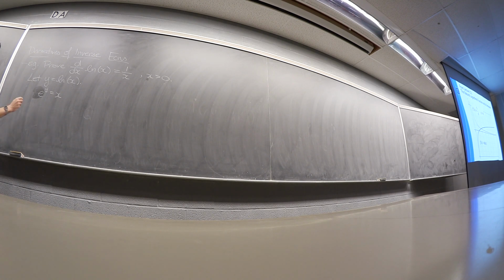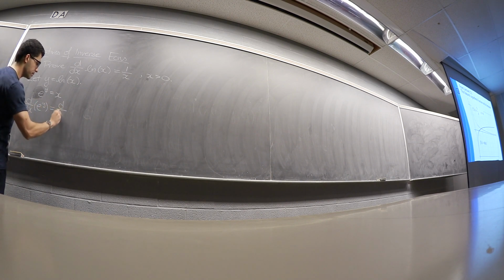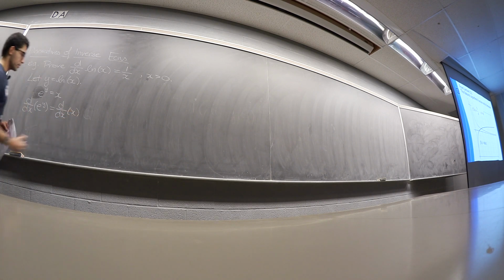Take derivatives of both sides with respect to x, treating y as a function of x. This is implicit differentiation. So here we go. What do we got? E to the y is the outer function, and the inner function is y. We're using chain rule here.